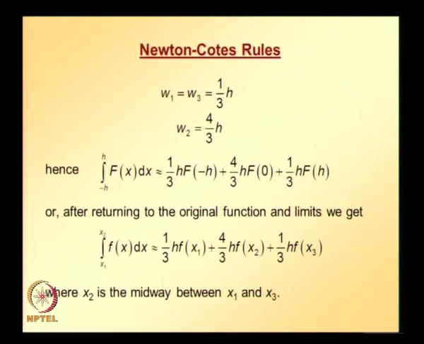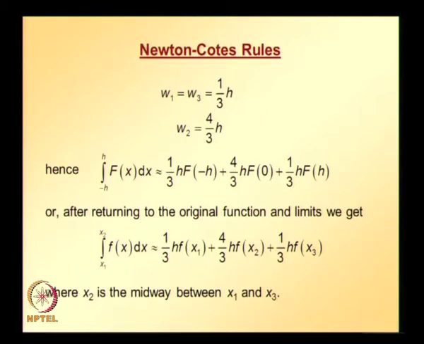So if one wants to derive Newton-Cotes weights for a quartic function, that is a 4th order function, then one needs to get 5 equations, and so we need to start with fx equal to 1, fx equal to x, fx equal to x square, fx equal to x cube, fx equal to x power 4.